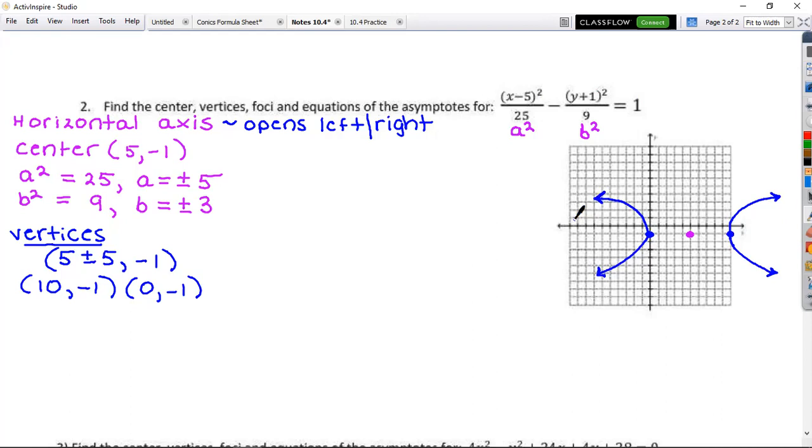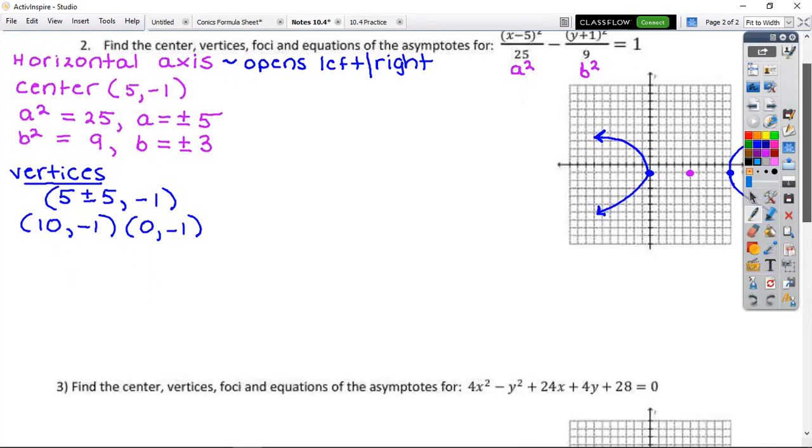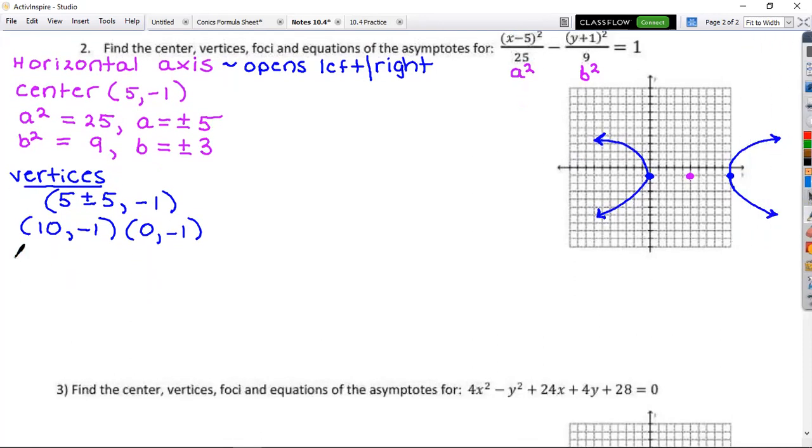All right, so we have the vertices. We need the foci next. Okay, so next part to find your foci. Let me move this down. So I'm going to do the formula again. To find your foci, we're going to go c squared equals a squared plus b squared.